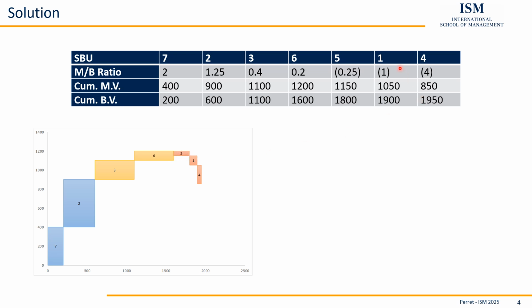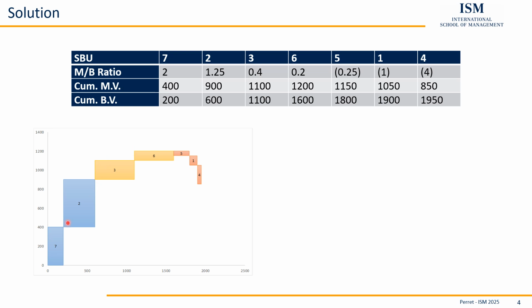Then for the 1, I start at 1150, go down to 1050. With the last one, with business unit 4, I start at 1050, go down to 850. That's how I can determine this side and the height of the boxes.